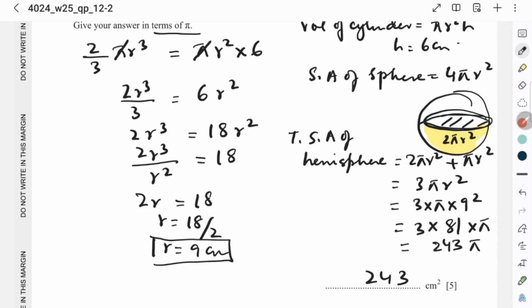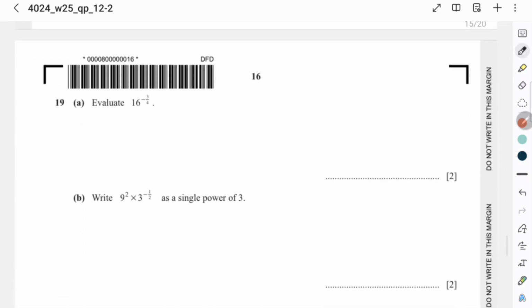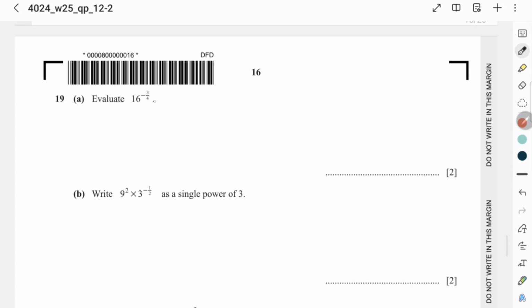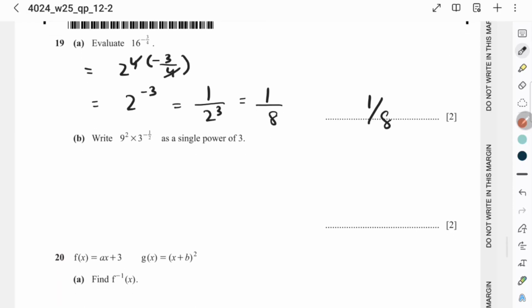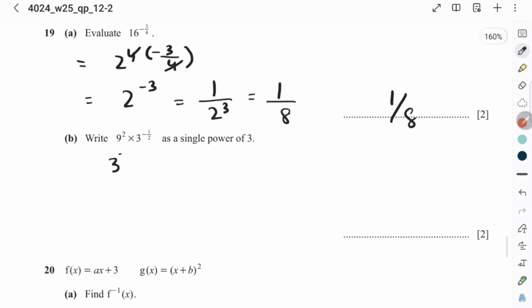In question number 19, we have to evaluate 16 to the power minus 3 over 4. 2 to the power 4 into minus 3 upon 4. Cancel, is equal to 2 to the power minus 3, which is 1 over 2 cube, which is equal to 1 upon 8. Next part, that is 9 square into 3 to the power of minus half. So that is 3 square squared, 9 squared, multiplied by 3 to the minus half.